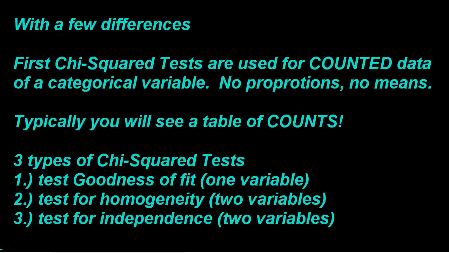Well, Lucky Charms, Cheerios, Captain Crunch, Fruit Loops. So that's a categorical variable, and the categories are the different cereals. And the counted data comes from how many people I counted that like Cheerios. How many people did I count that like Lucky Charms? Again, so this is counted data. This is how many people fell into each category.